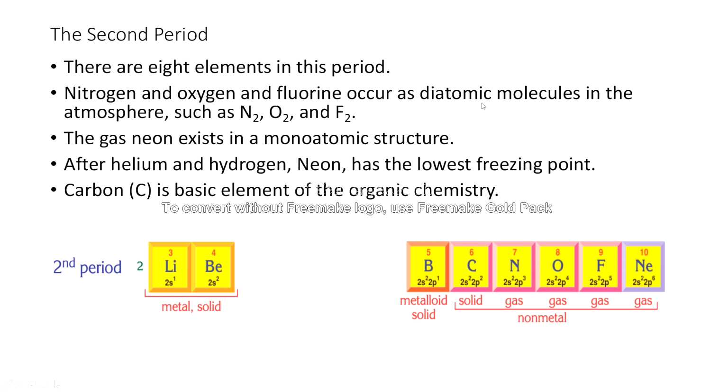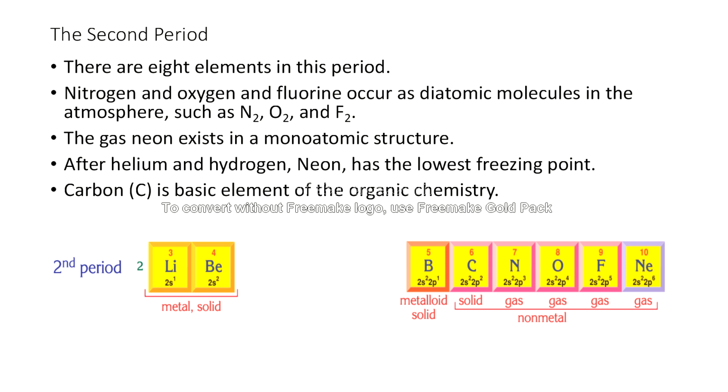Diatomic molecule means that the atoms of oxygen in the air recombine, and instead of being just one atom, they present themselves as two, as a molecule. It's different, for example, from metals or other gases.